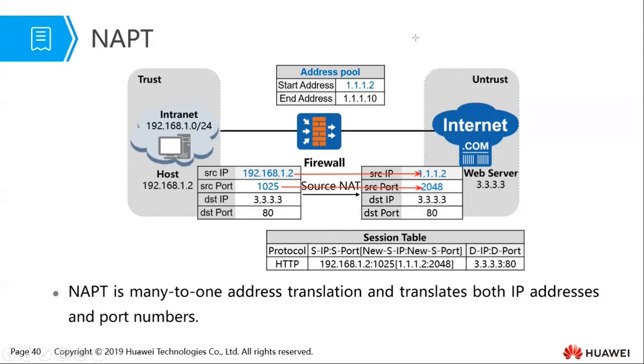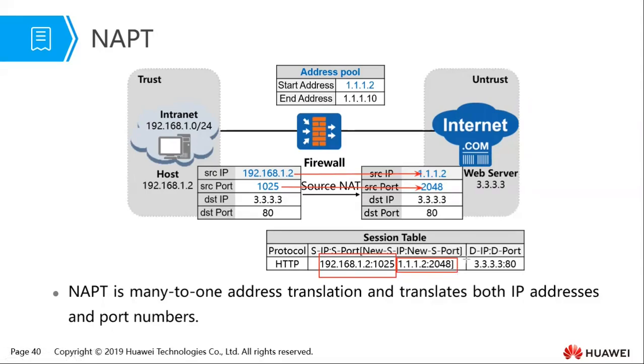You can look at the entry in the session table. You can see the source IP and the source port number, and you can see the new source IP and a new port number 2048.